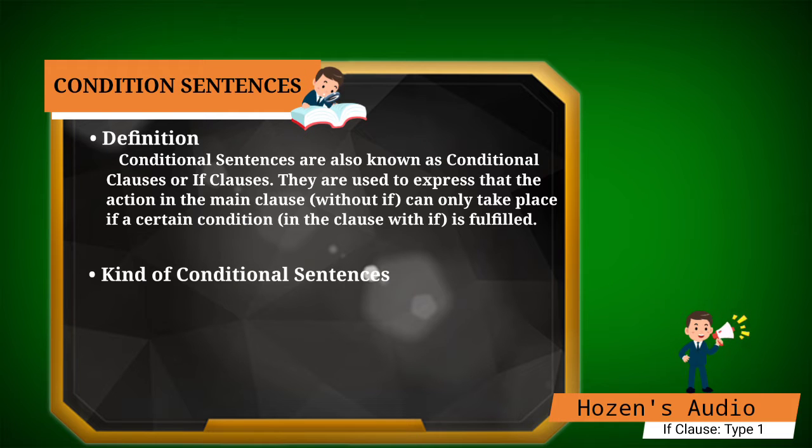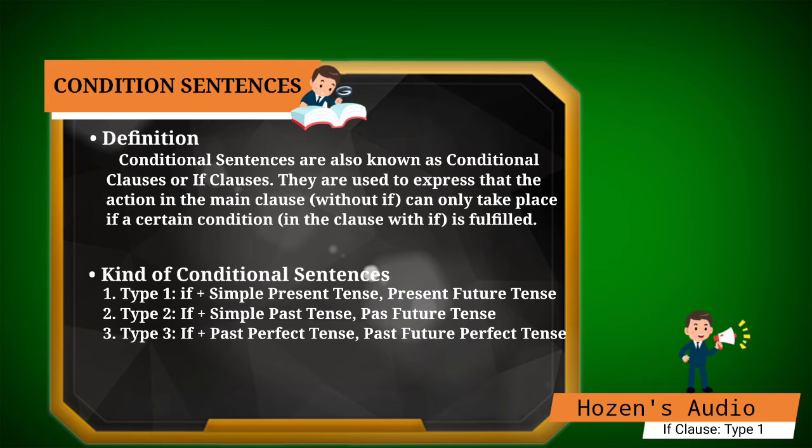There are three types of conditional sentences. The first type is simple present plus simple future, and the meaning is possible in the future. And the second type is simple past plus past future, and the meaning is present unreal, or we can say in Bahasa, hayalan.